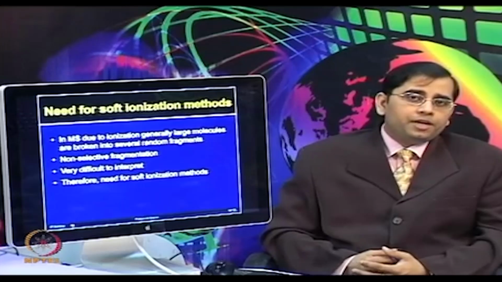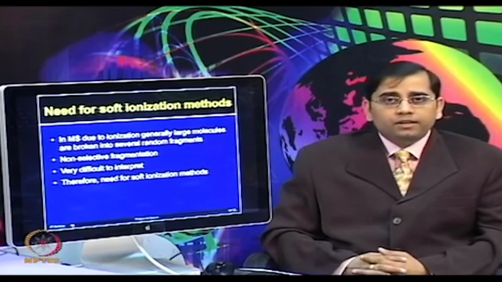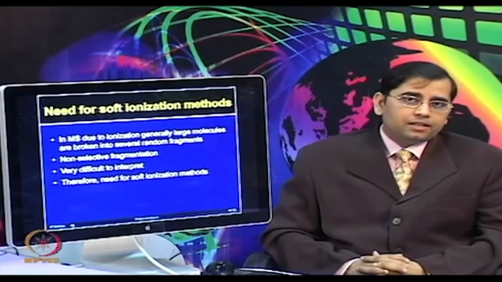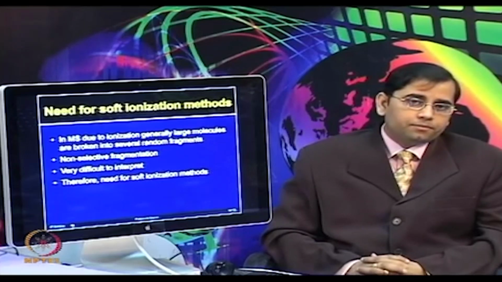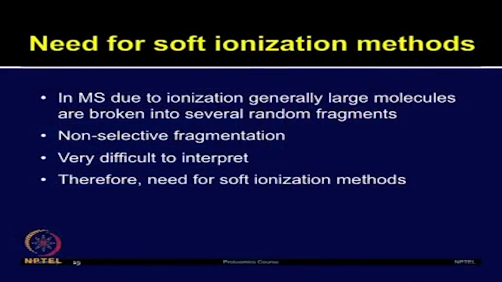So, for proteomic applications, there was a need for soft ionization methods in mass spectrometry. Hard ionization causes non-selective fragmentation which is very difficult to predict. Therefore, it led to the need for soft ionization methods in proteomics.